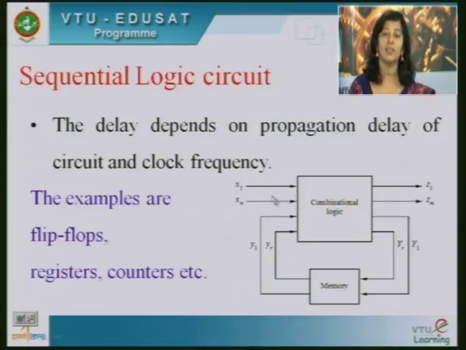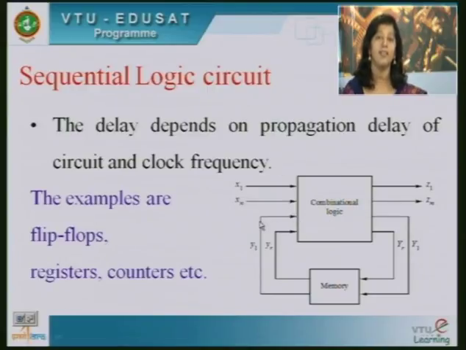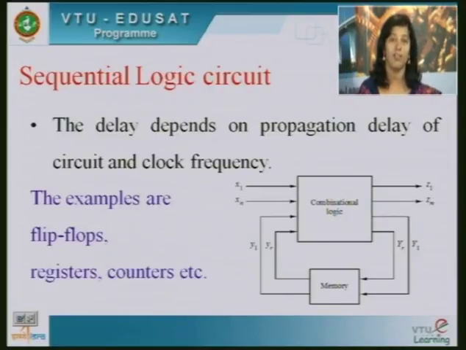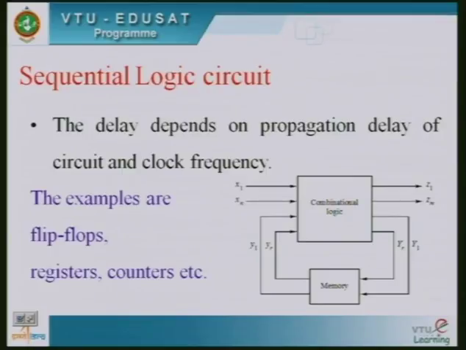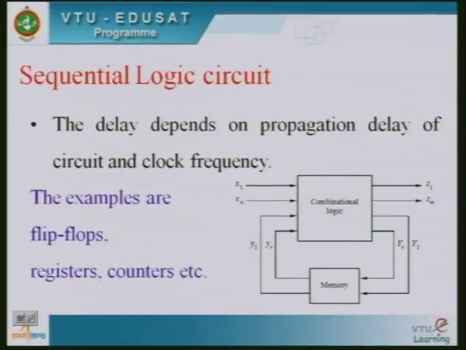So, once you connect a clock signal, that clock frequency will also matter in the computation of the propagation delay, how much delay is taken in generating output given a particular input. The examples for the sequential logic circuits are flip-flops, registers and counters. These are some of the commonly used sequential logic circuits.